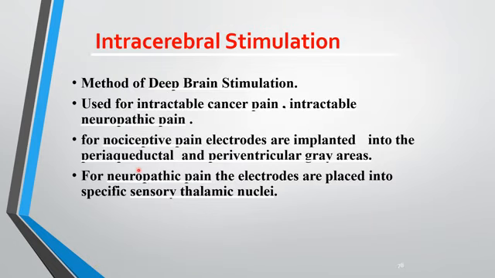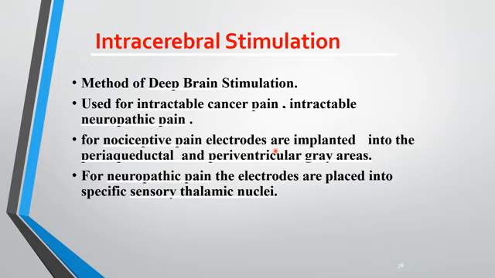And then intracerebral stimulation. It is a method of deep brain stimulation which is used for intractable cancer pain and intractable neuropathic pain. For nociceptive pain, electrodes are implanted into the periaqueductal and periventricular gray areas. And for neuropathic pain, the electrodes are placed into the specific sensory thalamic nuclei.